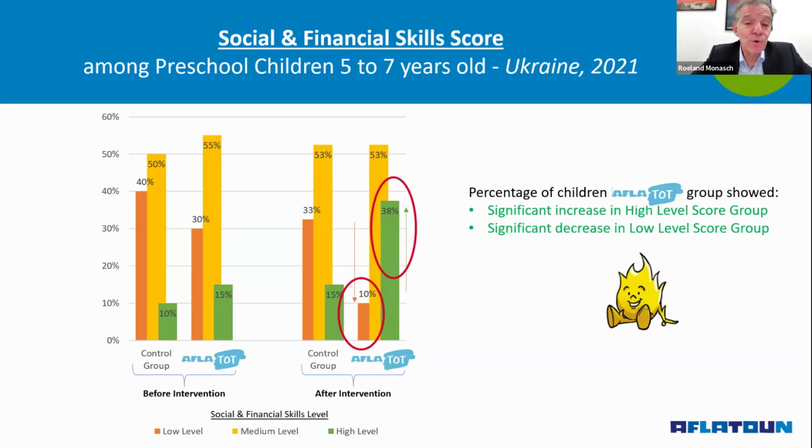So what we could conclude is that AflaTot is making an impact on the social and financial skills among the children participating in the program. And it is really attributable to the program, because other children who also aged did not improve their skills as they were getting older.